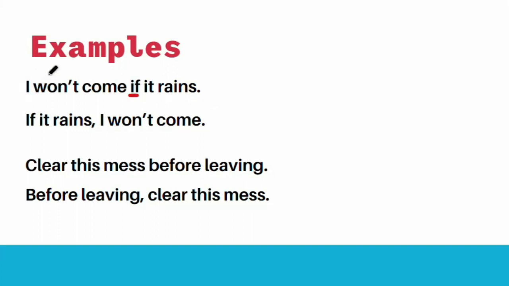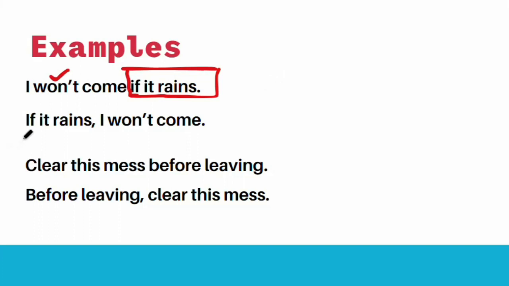I won't come is an independent clause, right? And the dependent clause begins with if it rains. We have a subordinating conjunction here, which is indicating that this is a dependent clause. Subordinating conjunction is the clue that this is your dependent clause or subordinate clause. We can use both terms.